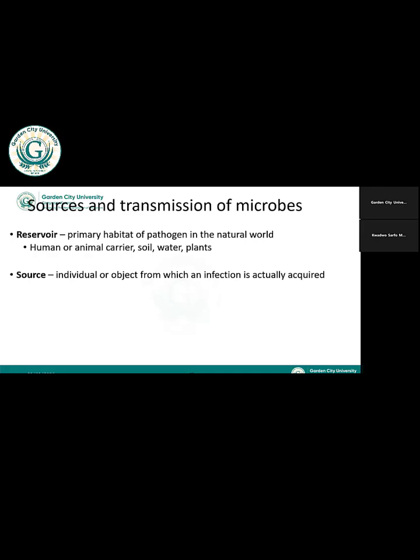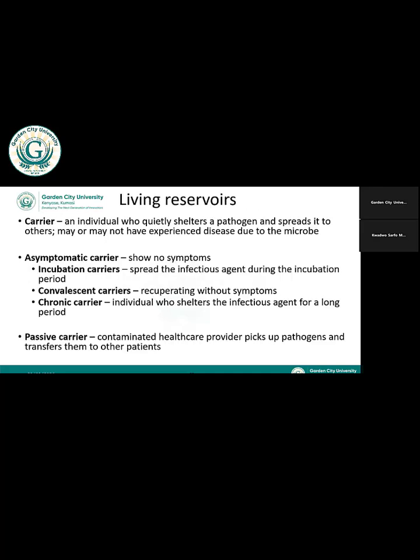It could also be an individual who will be the actual source of the infection. So a carrier is an individual who quietly shares the pathogen and then spreads it to others.